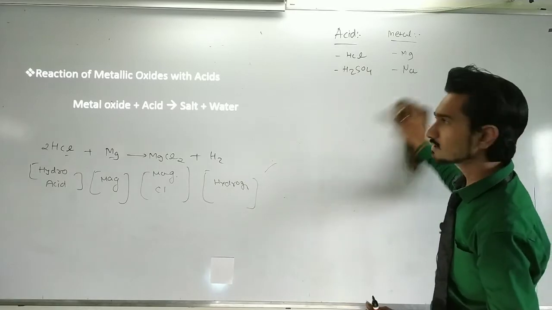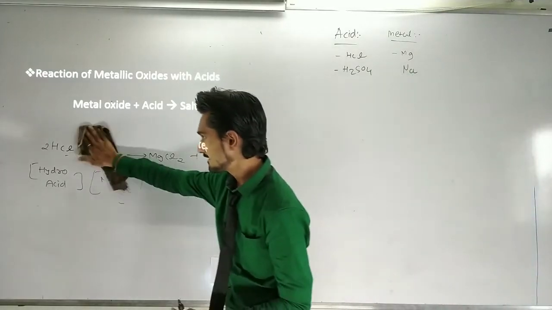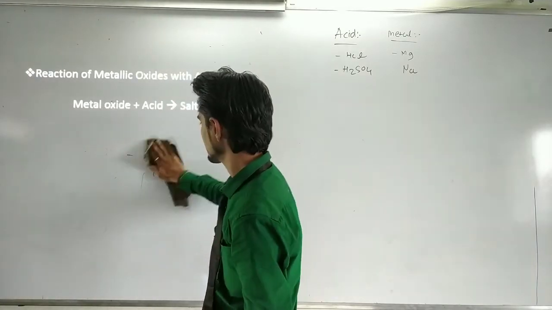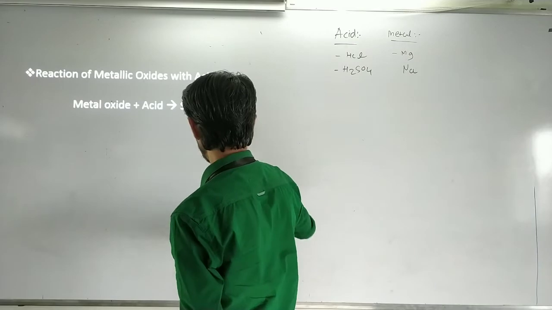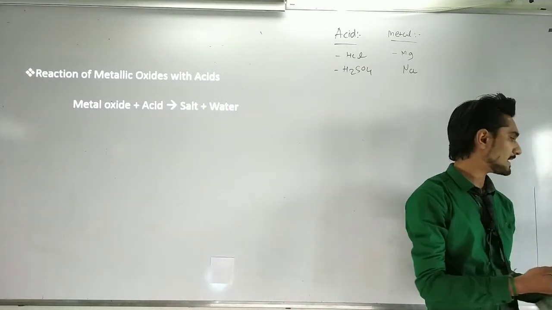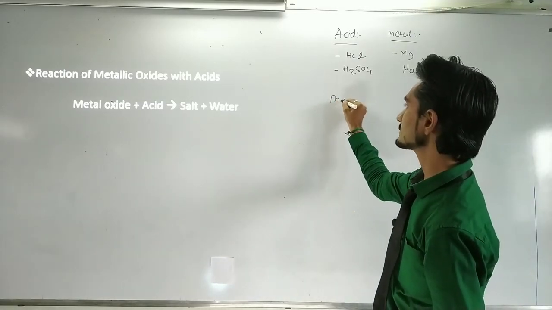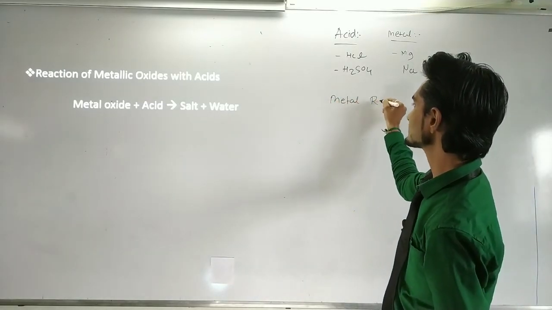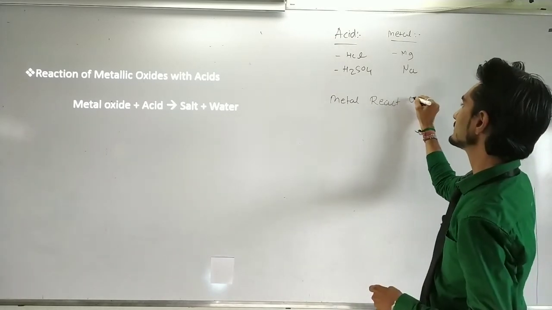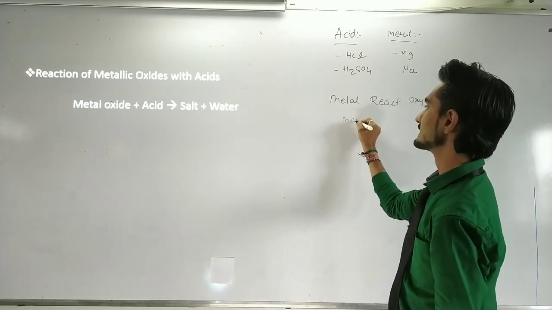First, we need to understand what a metal oxide is. The easiest way to understand it is that whenever a metal reacts with oxygen, it creates a metal oxide.